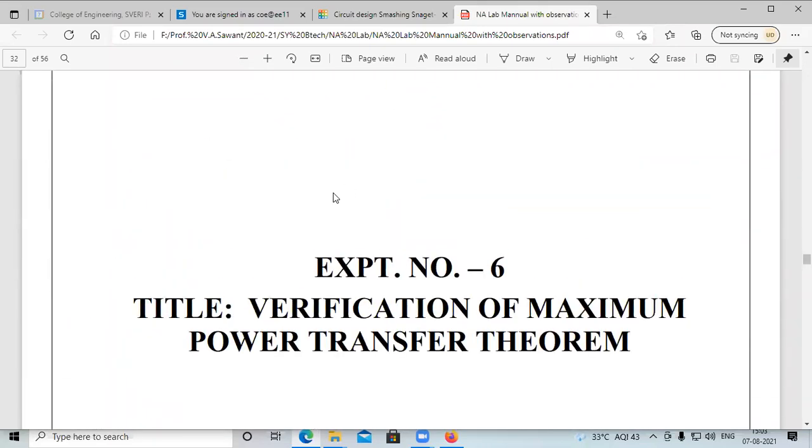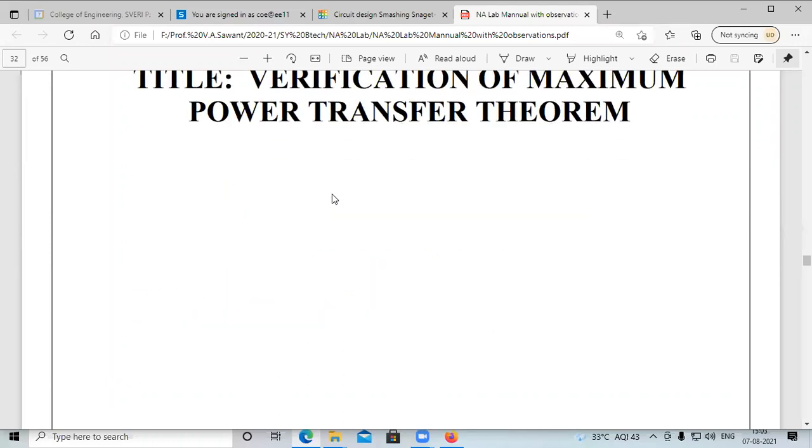Just represent the load resistance RL, which equals RTH. The value of RTH that comes out is represented as the load resistance, and then we find Pmax using the formula: Pmax equals VTH square divided by 4 into RTH, or 4 into RL.